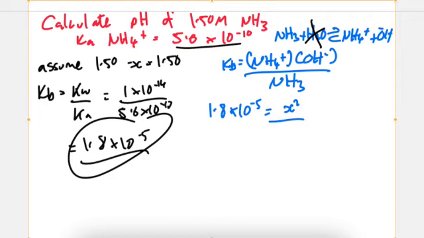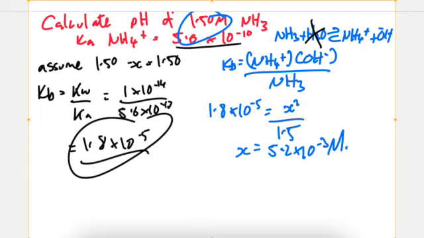So what we're going to do about the ammonium and the hydroxide, well, X, same concentration, X squared, over 1.5 given in the question. We're not doing the ice table this time, we're just going straight ahead and making the assumption that the equilibrium is the same as the original. X is 5.2 by 10 to the minus 3. So we wanted to calculate the pH.